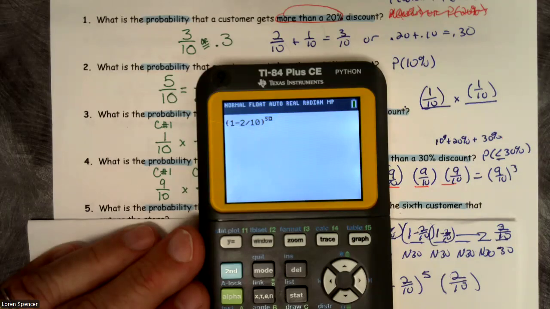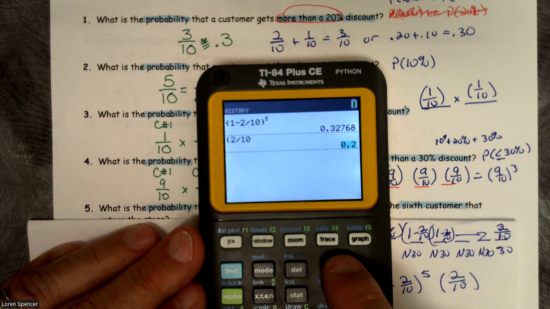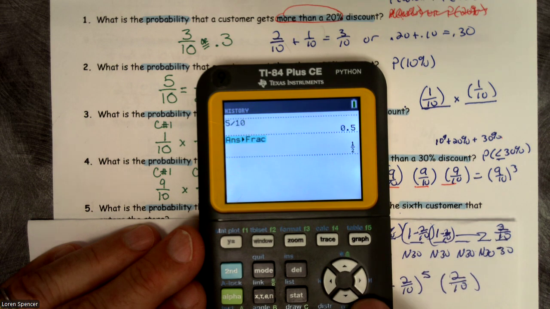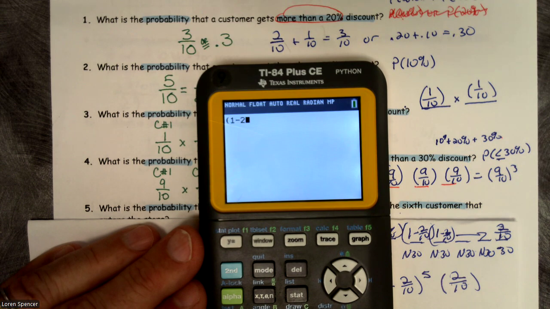Raised to the 5th power. But I also have to multiply it by the 2 divided by 10. That did not work very well. Let me clear this out. Parenthesis, 1 minus 2 divided by 10 raised to the 5th. Parenthesis, 2 divided by 10. There.